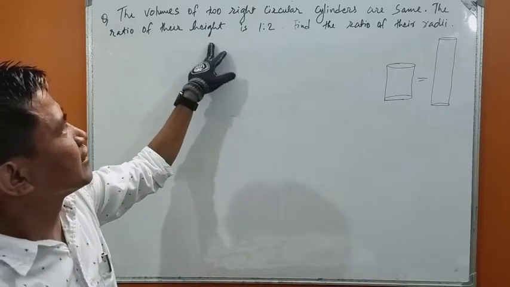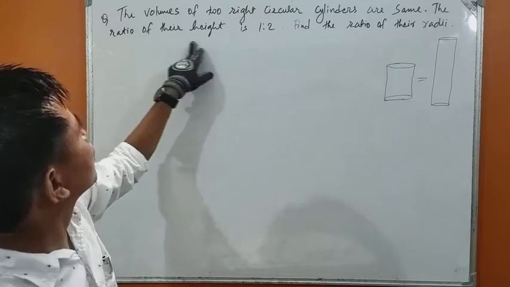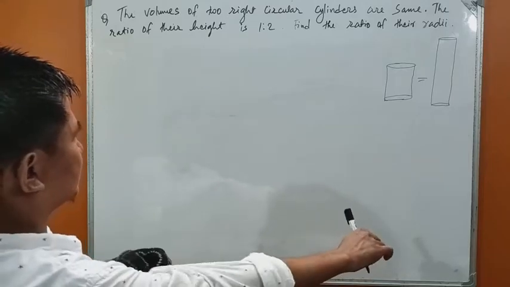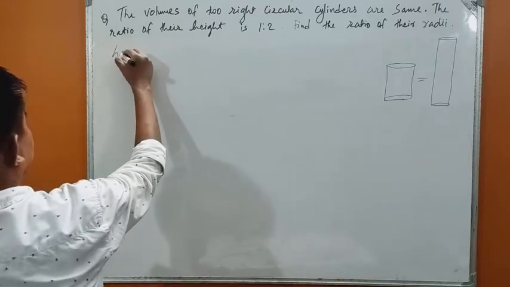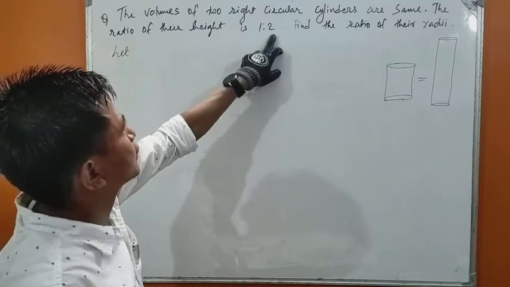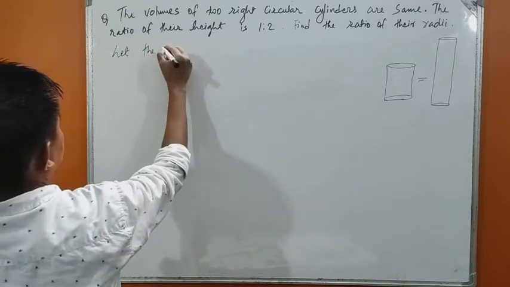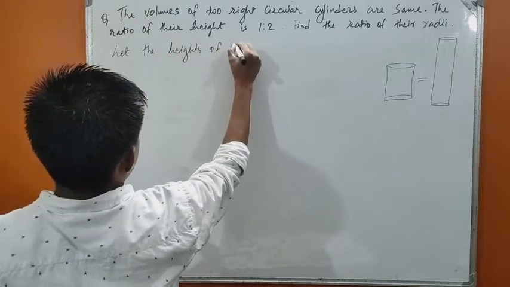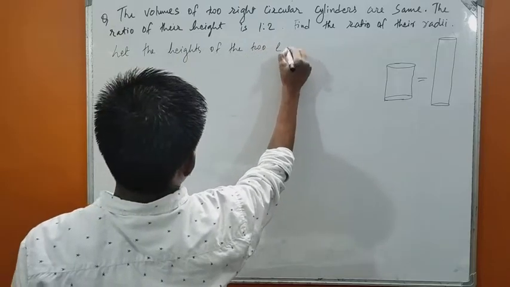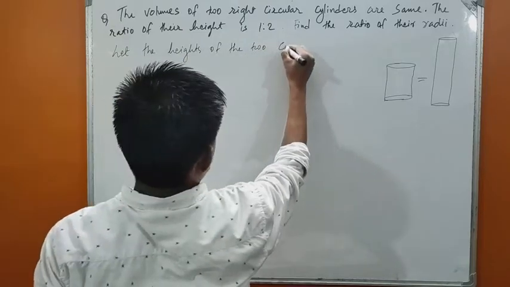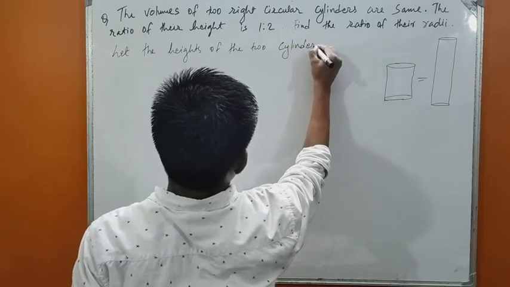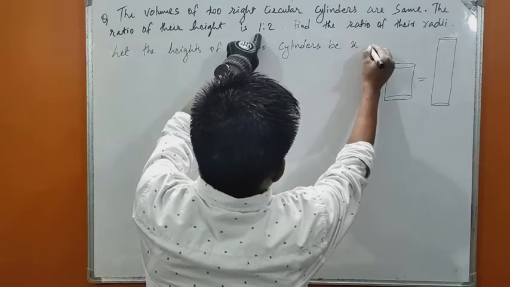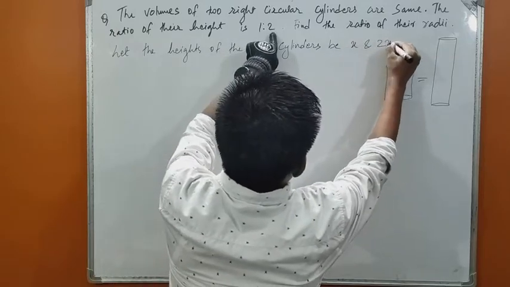So we are provided with the ratio of their heights, isn't it? The ratio of their heights is 1:2. Since the ratio of heights is 1:2, let the heights of the two cylinders be 1 into x, that is x, and 2 into x, that is 2x.